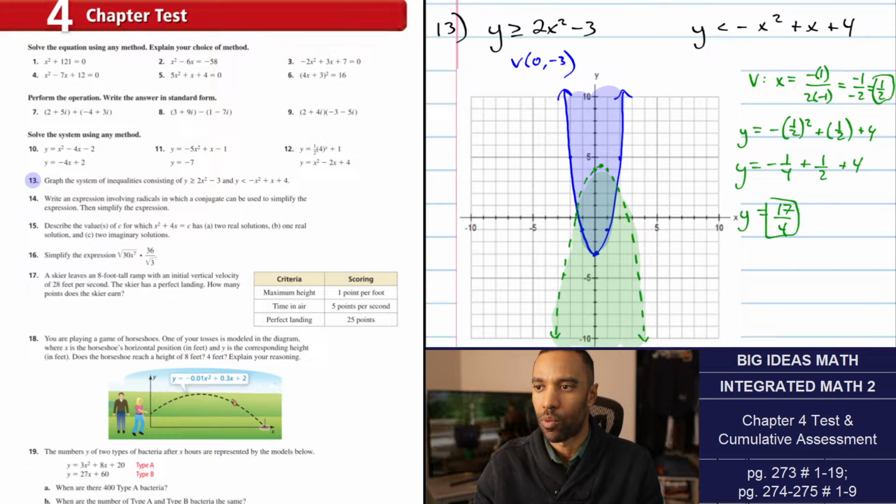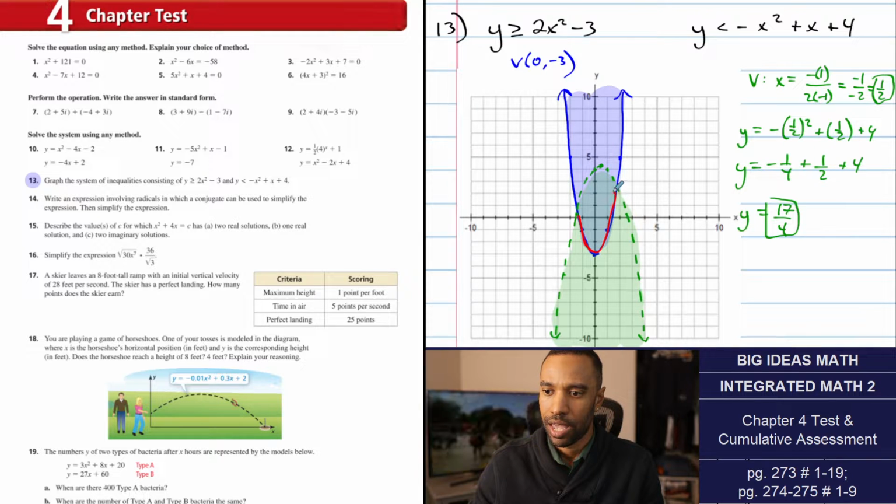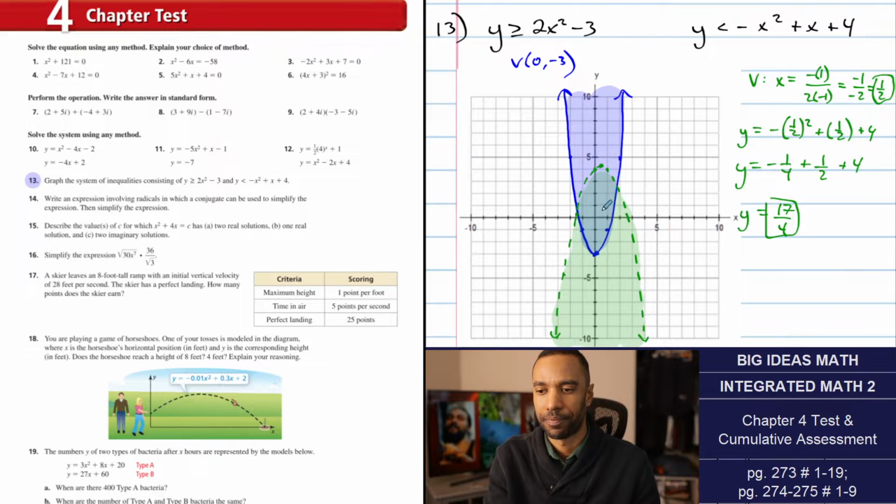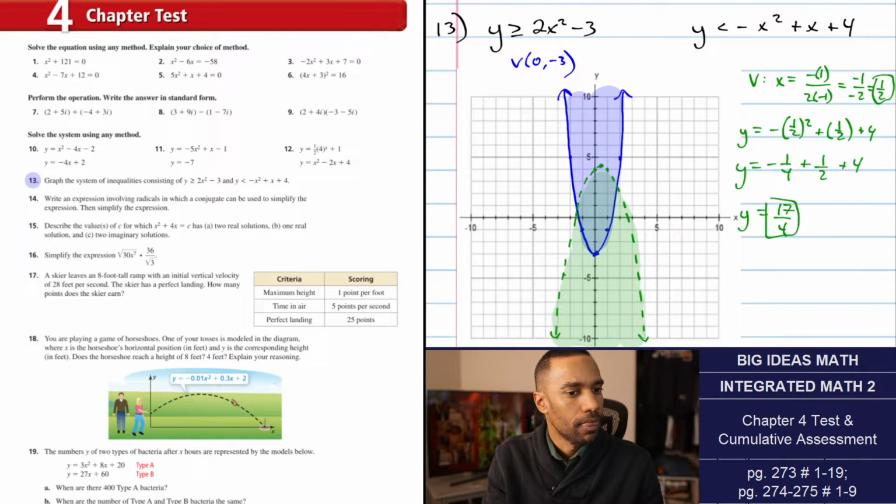All of that is what qualifies. So technically, it's all of this and this that's inside that all counts. This is your final solution set. I'm not going to keep this here. I'm showing you what the final solution set is for the system. It's right inside there. That's the system. Okay, that's number 13.